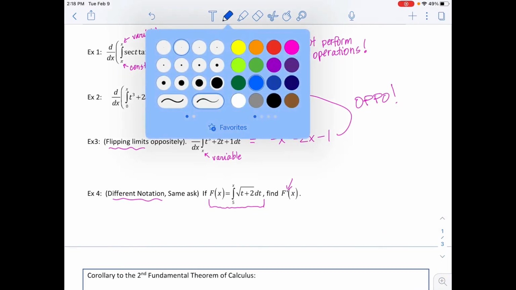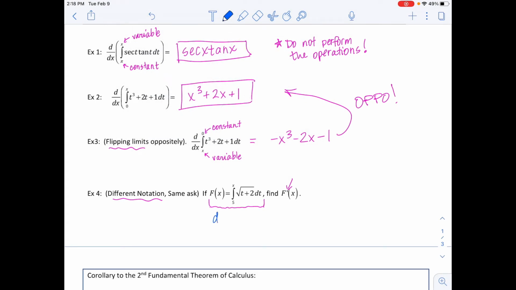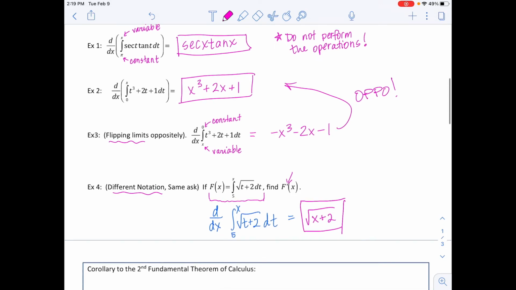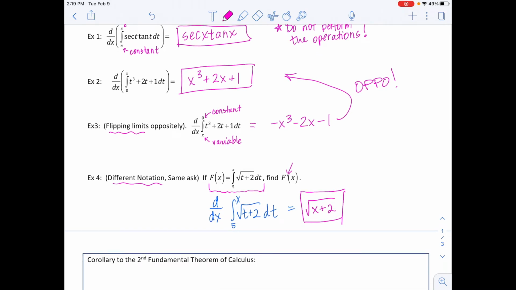If you wanted to take a moment to write it out, you're being asked to differentiate this integral, and that would follow the same patterns as examples 1 and 2, right? We would just change the variable that the integrand is in terms of, and we would switch it over to root x plus 2. So just a little brief note about notation change there.